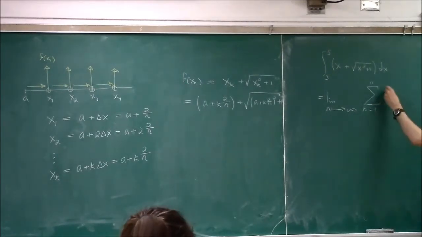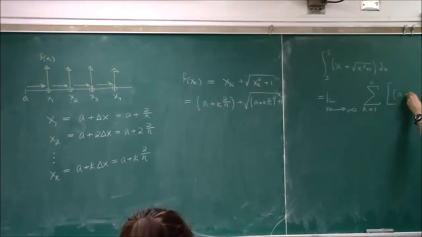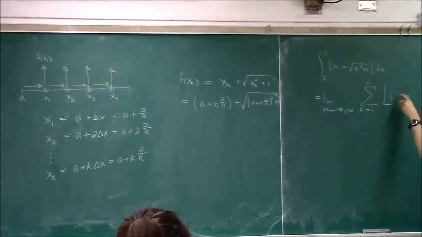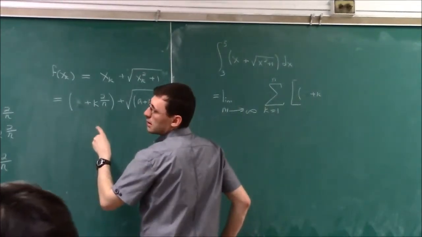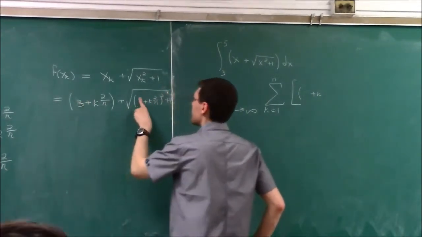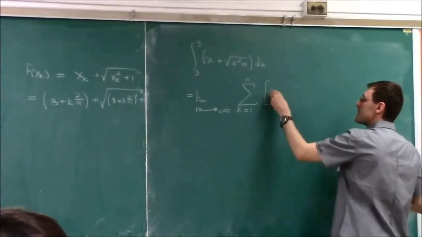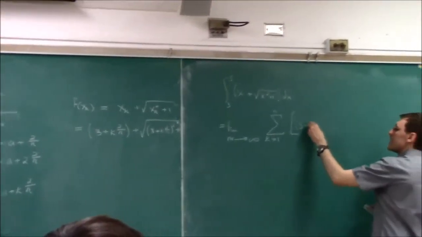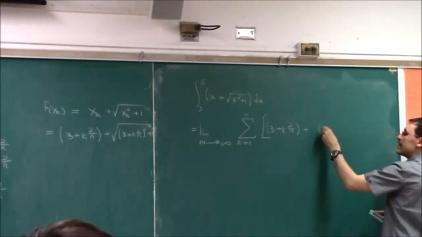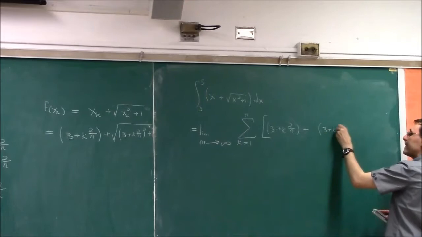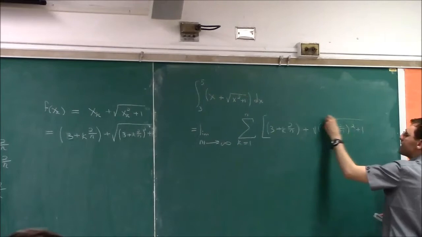And then what I have here is a plus k, well, not a, which is what was a? A I should have written as what? What's a here? A is the number 3. Plus k 2 over n plus 3 plus k 2 over n squared plus 1 underneath the square root.